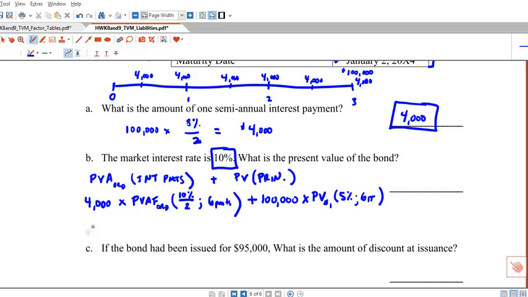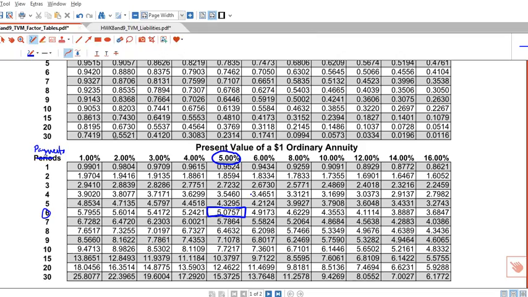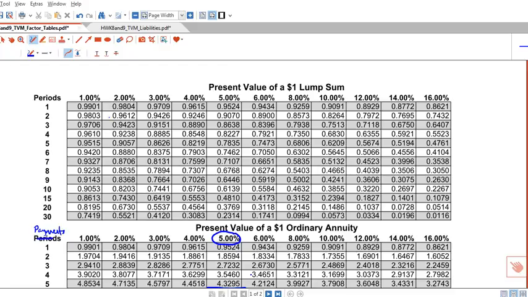So we have 4,000 times 5.0757 plus 100,000, and let's go get that factor. We're up here, present value of a lump sum, 5%, 6 periods, 74.62.